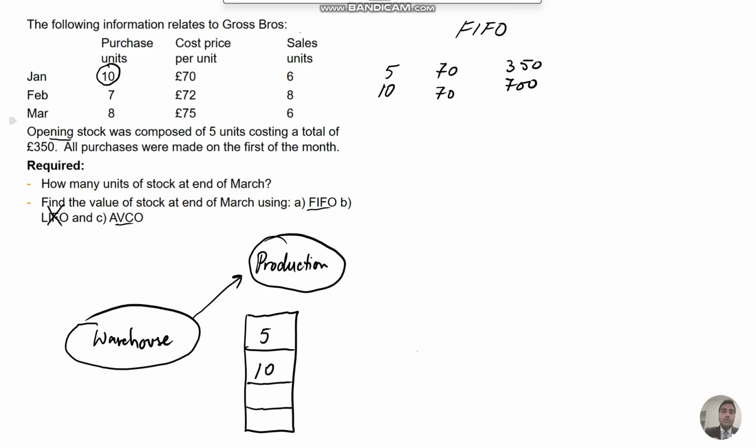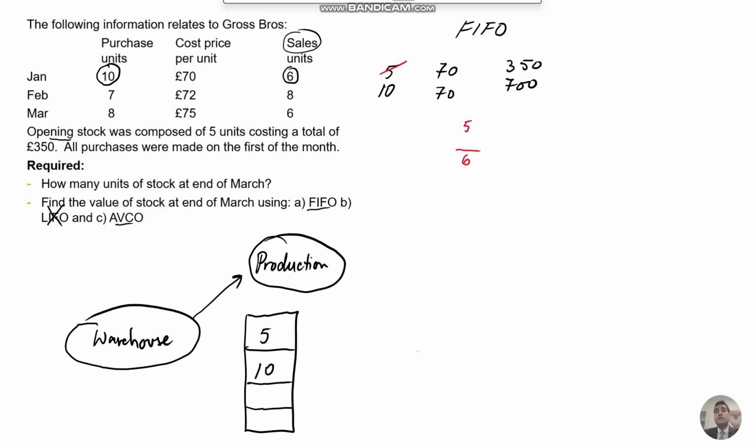Then he sold. So in this question it is sales, but in some questions you may see the issue of inventory. So he issued 6 of them. So I'm going to write this with a different color. 6 units were sold. So how is he going to have these 6 units? He is going to take it from the first shelf first, 5 units from the top shelf. So that is gone.